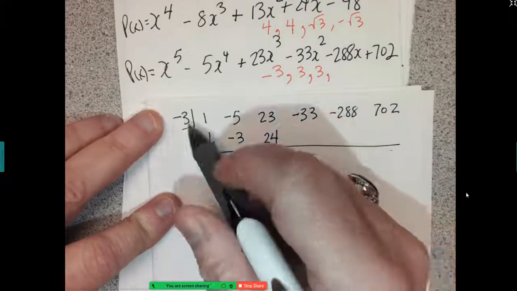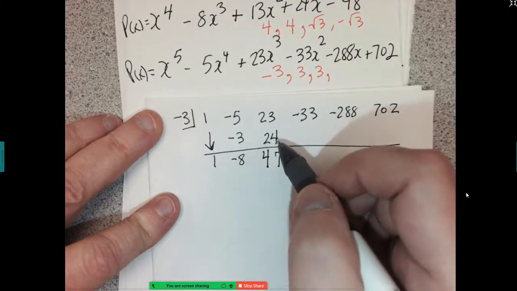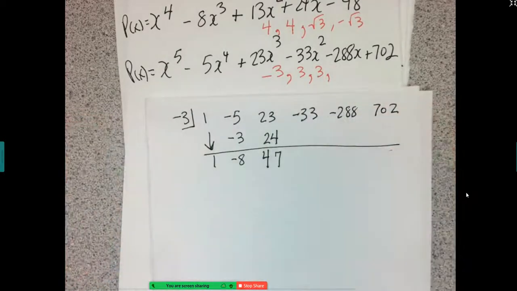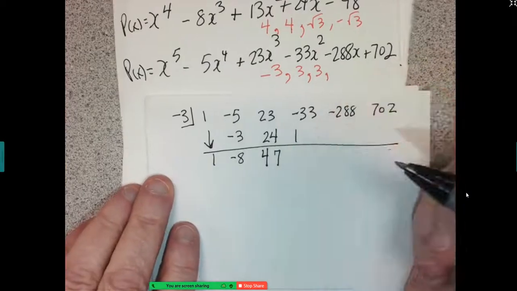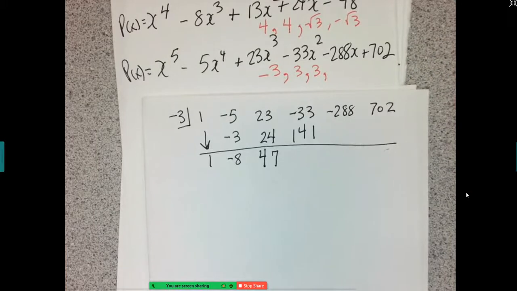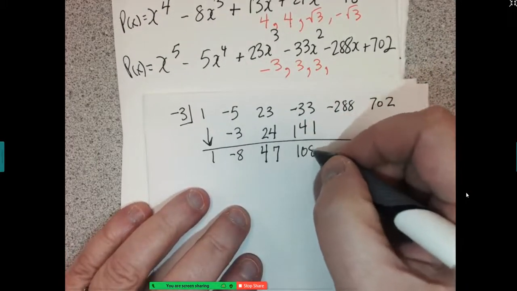Okay, so I got -3, I add, and I get -8. Then I get positive 24, and then we add, and we get that. Then 47 times 3 will give me 141. And then I add these two together, which is the same as 141 minus 33.